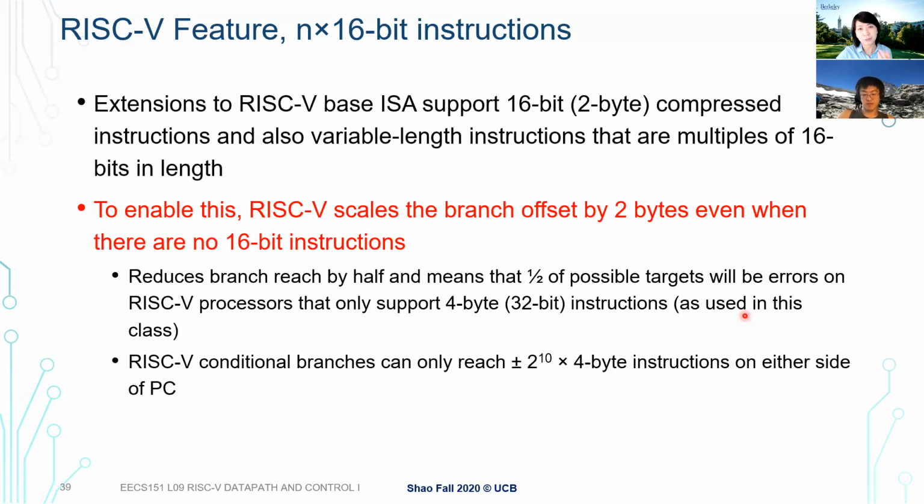But instead we're doing a 2-byte or half-word branch distance, so we can only specify 2 to the 10. We basically waste 1 bit there, because we have to support the 2-byte format here.